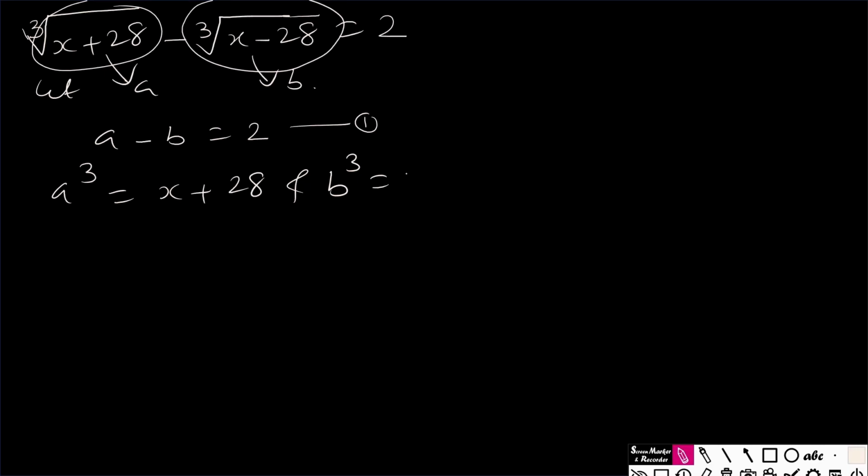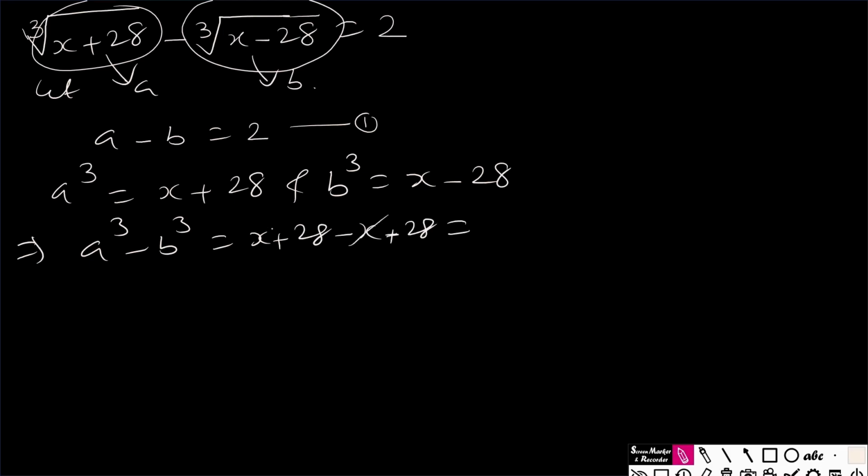Now a cubed minus b cubed is equal to x plus 28 minus x minus 28, so x plus 28 minus x plus 28. So it will be 56. Suppose this is equation 2.